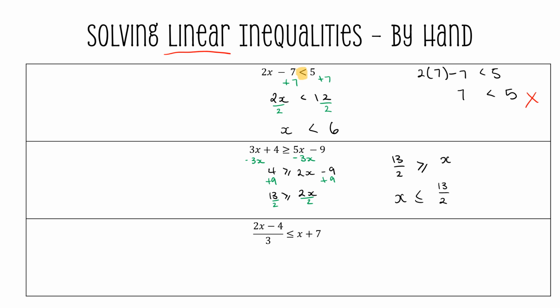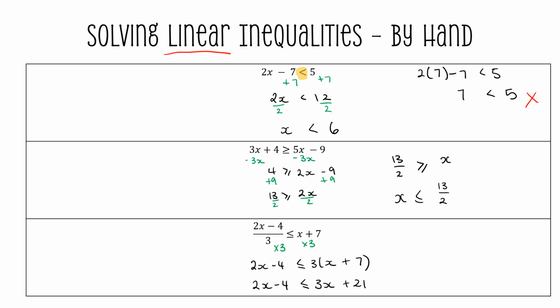Now, dealing with a fraction, same sort of step here. I'm going to multiply by 3 on both sides. That's going to give me 2x minus 4 is less than or equal to 3x plus 7. If I then expand those brackets, I'm going to have 2x minus 4 is less than or equal to 3x plus 21.